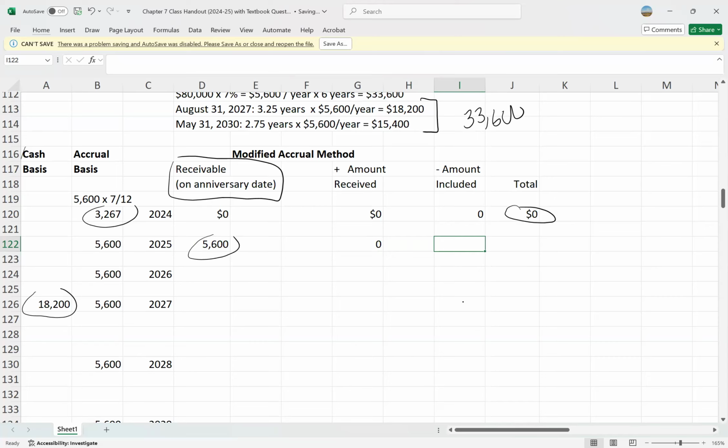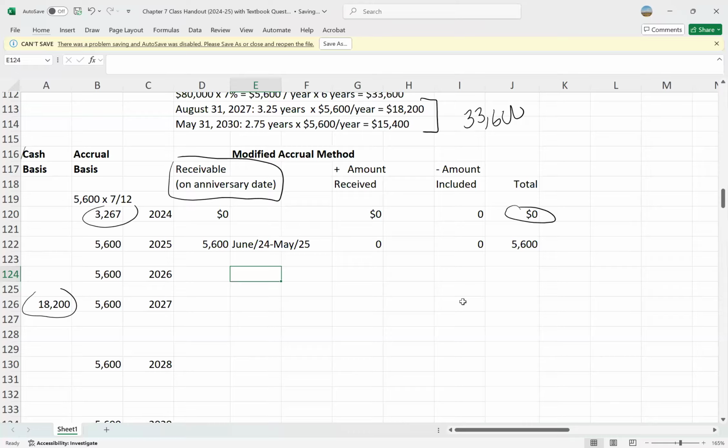No, because this 5,600, if you think about it, this is from June 2024 to May 2025, right? June 1st, 2024 to May 31st, 2025. So that was not previously included in income, so we don't have to make any adjustments. So 5,600.